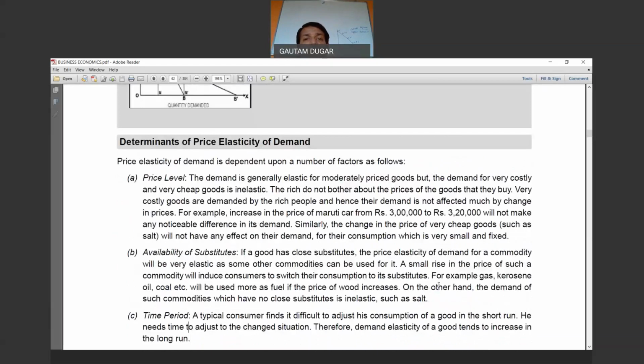There are several determinants, or the factors determining elasticity of demand. Obviously, a lot of MCQs again come up from this portion as well.